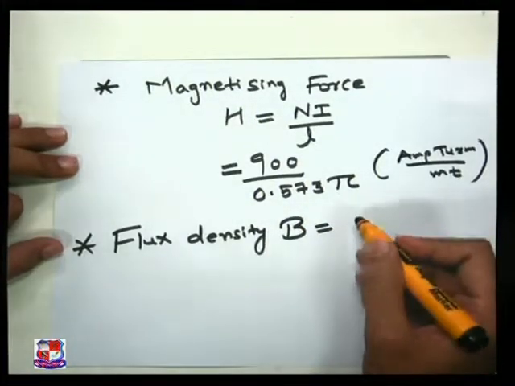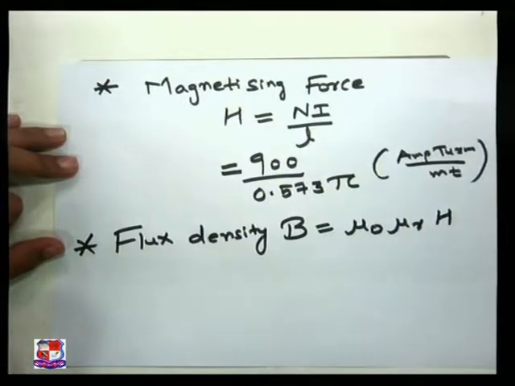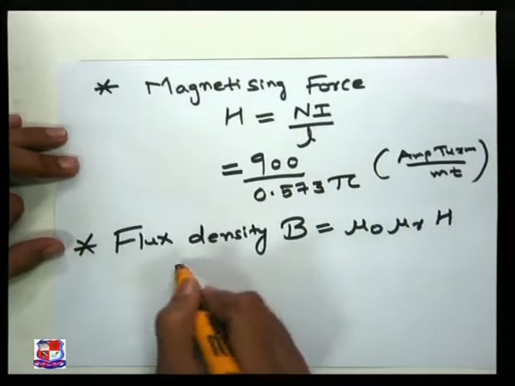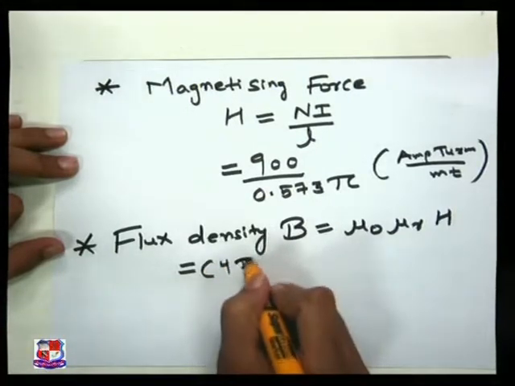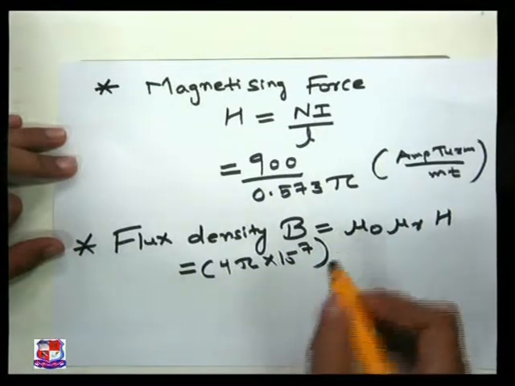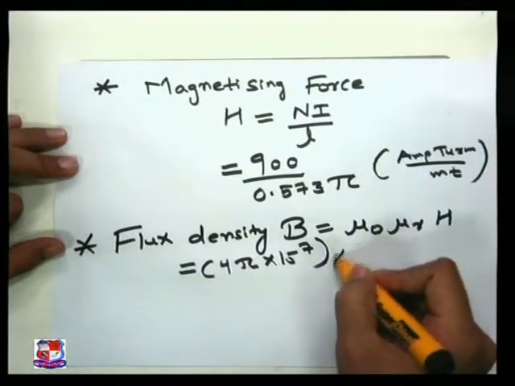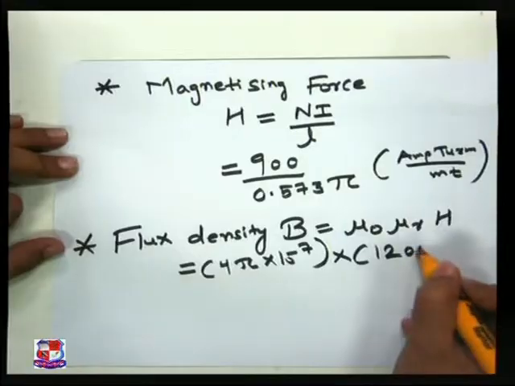Again the equation for it is mu 0 mu r H, right? Now what is mu 0? Already we have the value of mu 0, 4 pi into 10 raised to minus 7. Mu r is again given in the question to us as 1200, right?